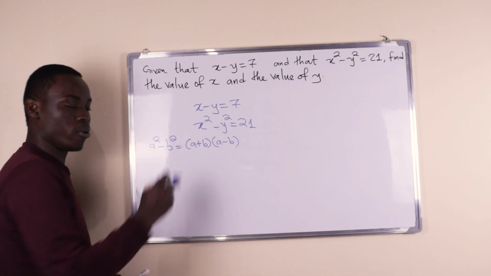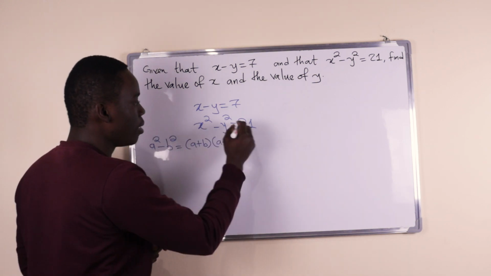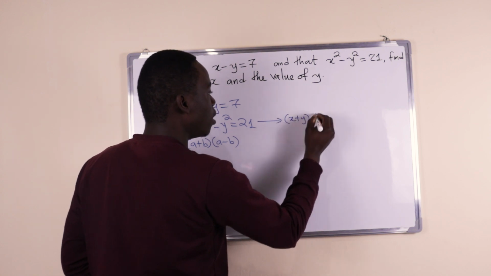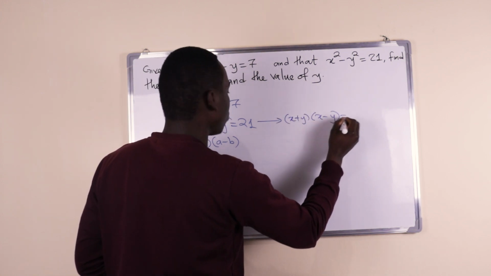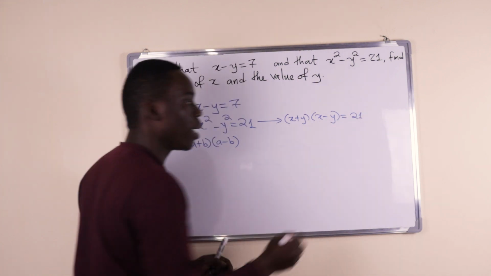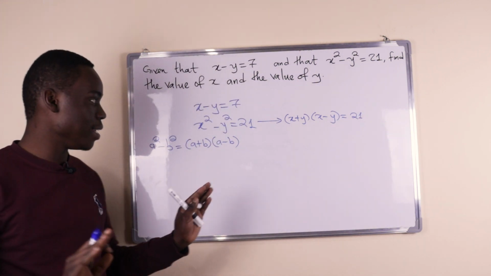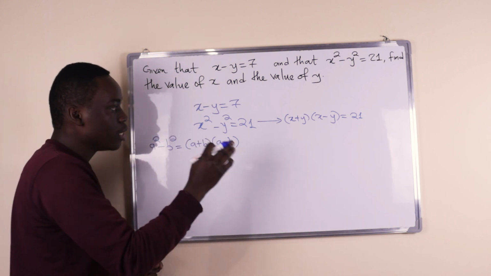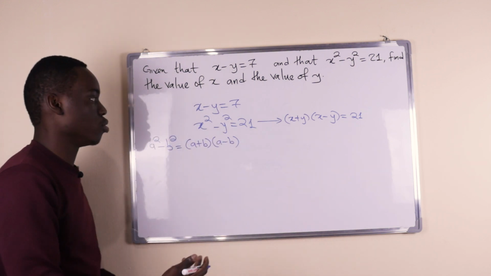And this is the principle we're going to use here. So this will be equal to x plus y times x minus y is equal to 21. Remember, we have not changed anything. We've just expanded this into its literal form of the difference of two squares.